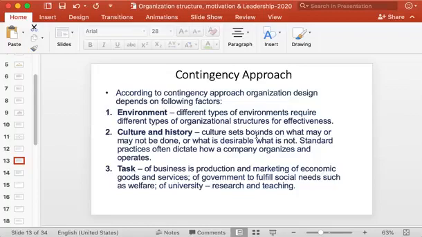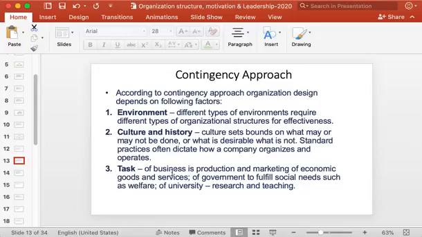Organization design may also need to change depending upon the primary tasks that may need to be performed.